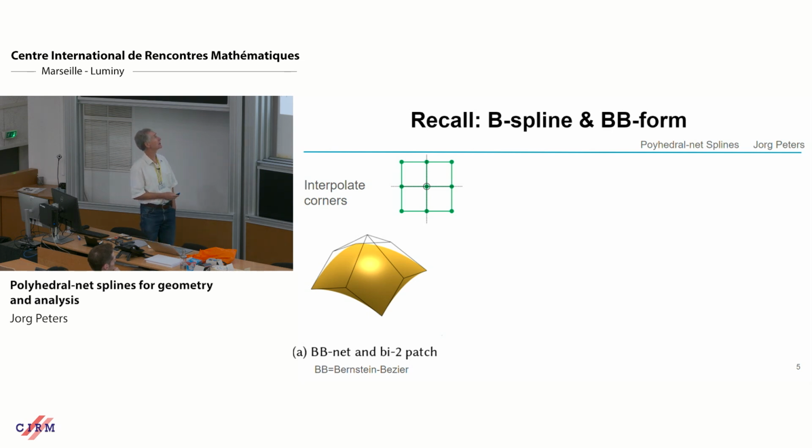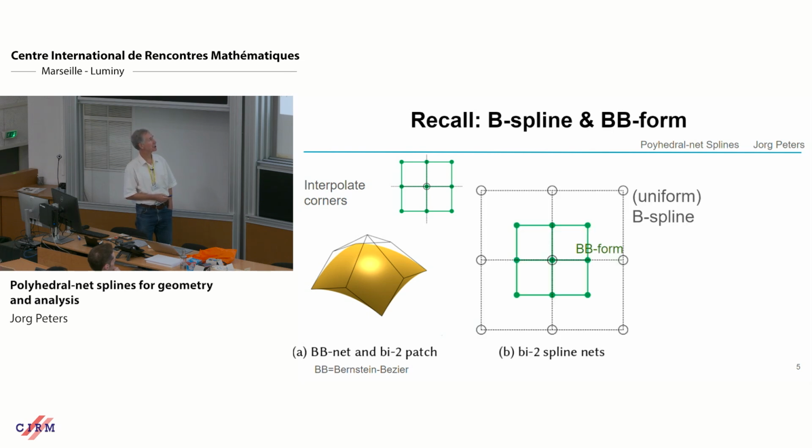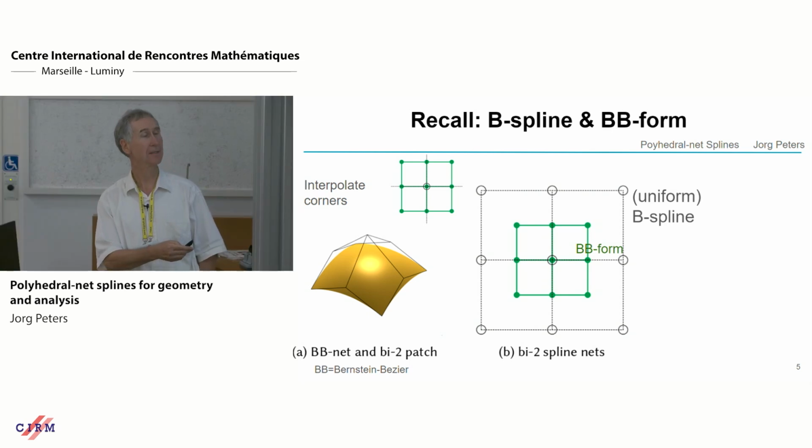So a bicubic patch has 3 by 3 coefficients. But we can just as well, by a change of basis, represent the exact same piece of geometry. Exactly this piece of geometry. We can also represent it by the big brother of the BB form. The BB form interpolates at the corners and has this very nice property that the tangent plane is already defined by the point and its neighbors.